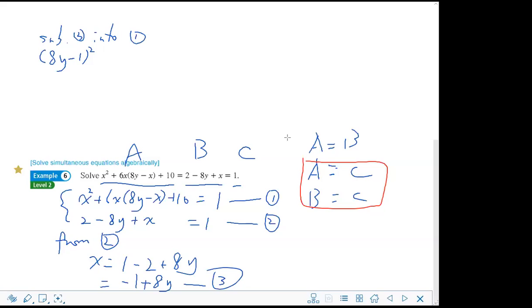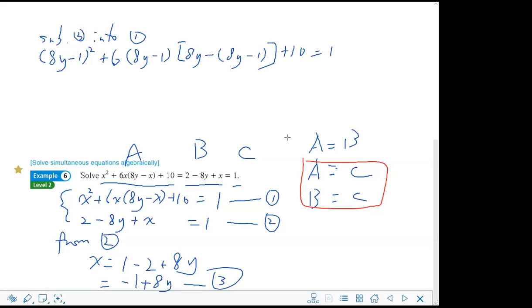And then square, plus 6x. 6x becomes 6 times 8y minus 1. And then 8y minus x, but the x will be 8y minus 1, okay? And then plus 10 is equal to 1, okay?